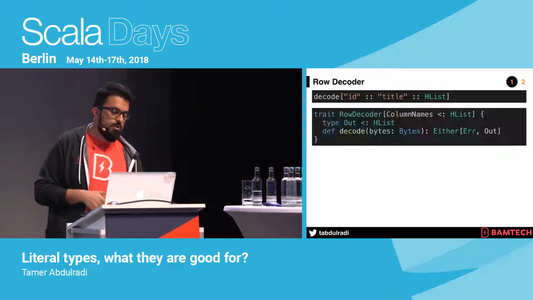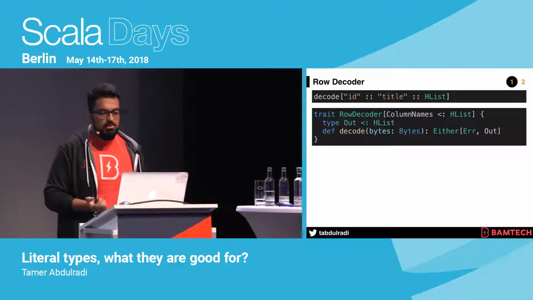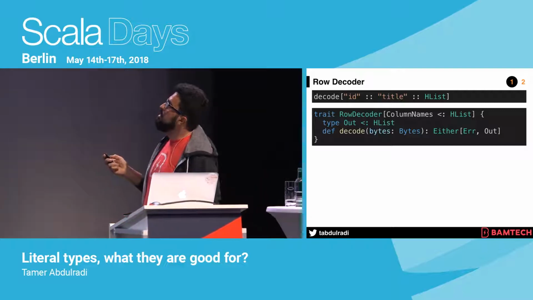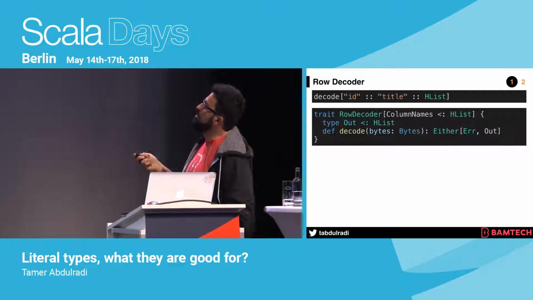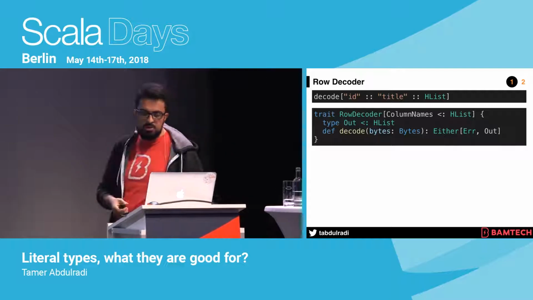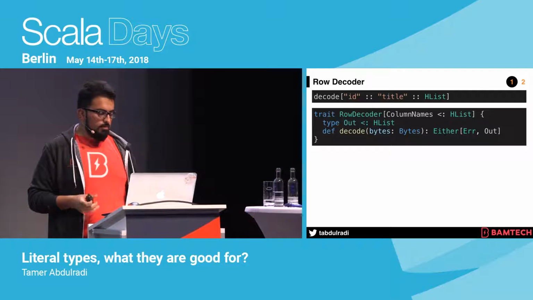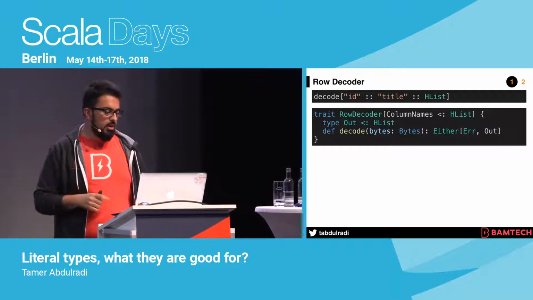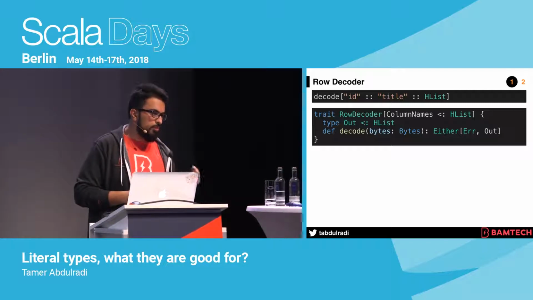And we have a type decoder very similar to the ones we have written before, but the input is now an HList of column names, and the output is an HList of Scala types, and the decode function should return this out for you.